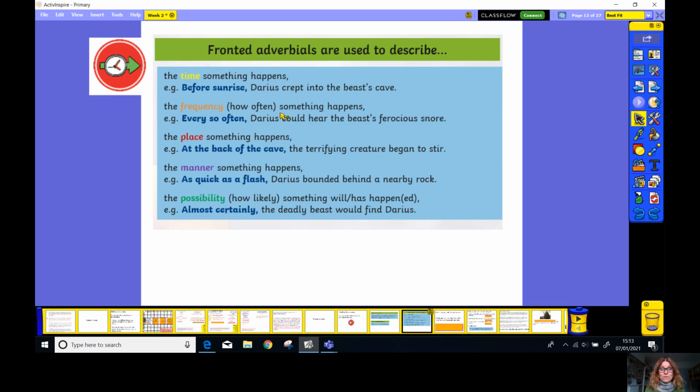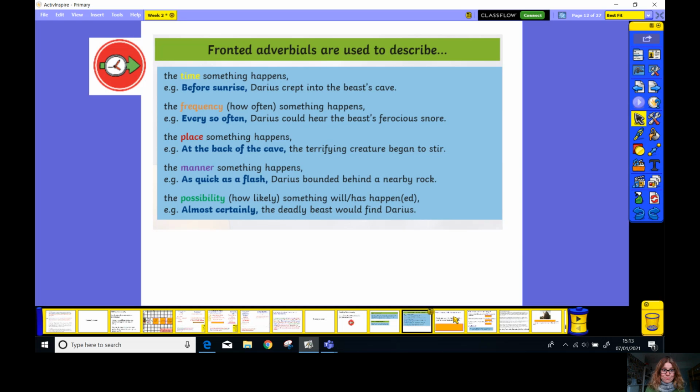The frequency, how often something happens: every so often, Darius would hear the beast's ferocious snore. The place where something happens: at the back of the cave, the terrifying creature began to stir. The manner: quick as a flash, Darius bounded behind a nearby rock. And the possibility, or how likely something is to happen: almost certainly, the deadly beast would find Darius.